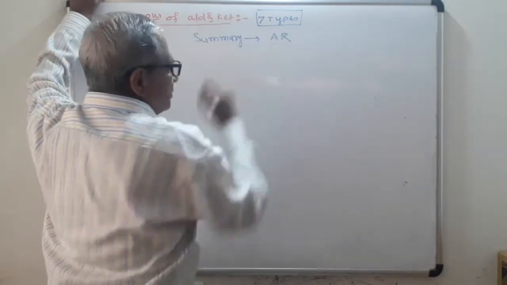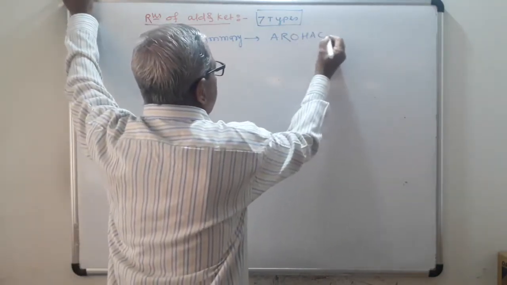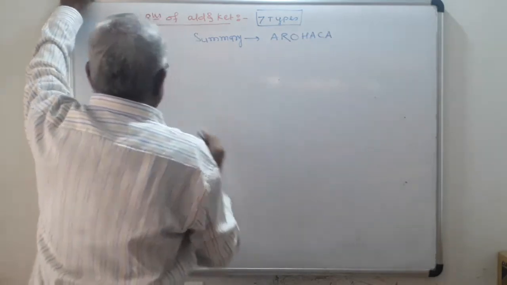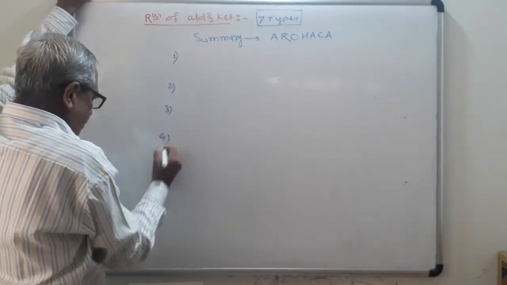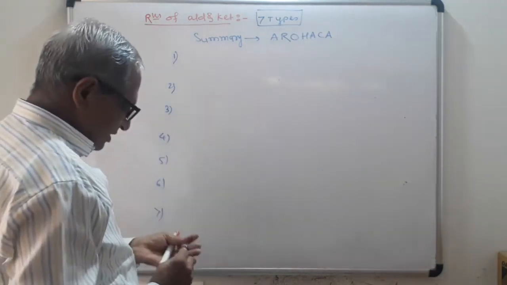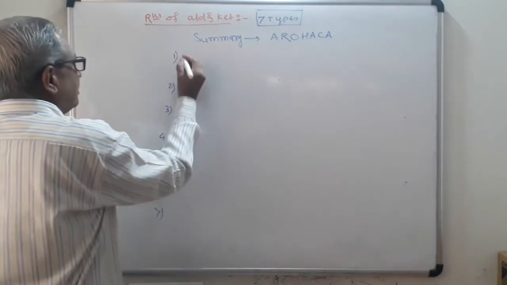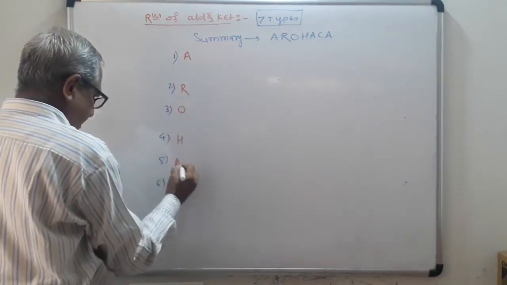These are shortly denoted as AROHACA. So there are 1, 2, 3, 4, 5, 6 and 7. I will set the question on AROHACA.